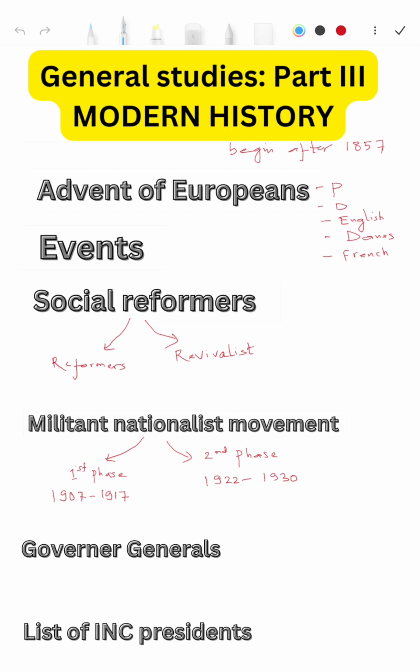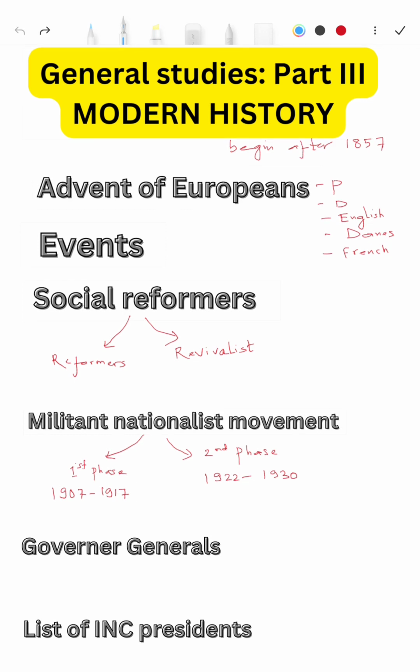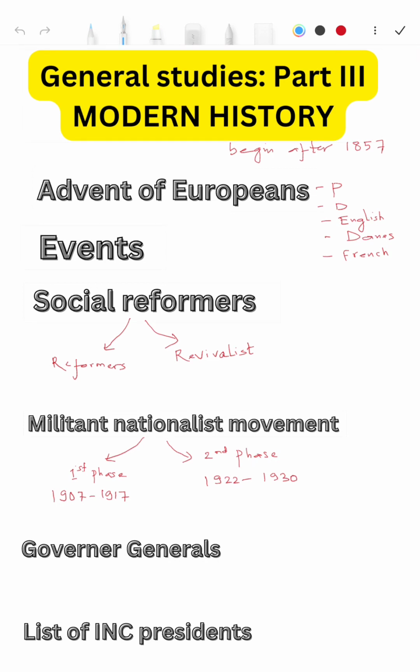Today in this topic we have part 3, modern history, and the last session of history. The period of modern history begins after the revolt of 1857. Modern history is all about the British rule and the British Empire in India.